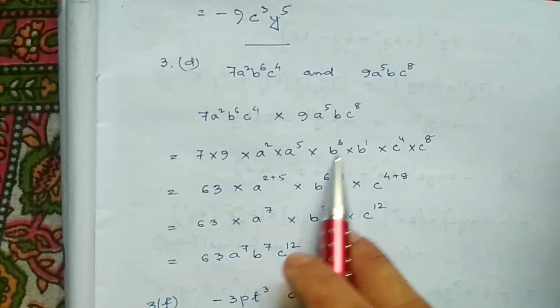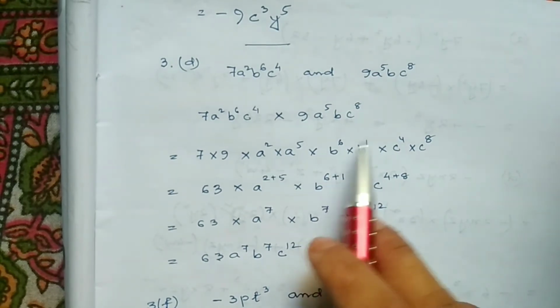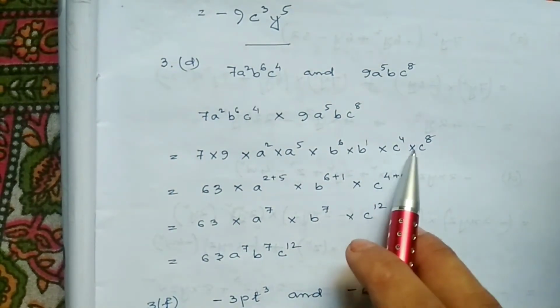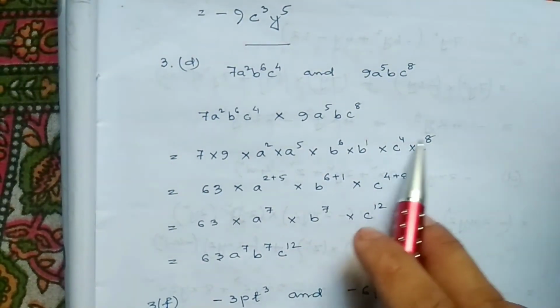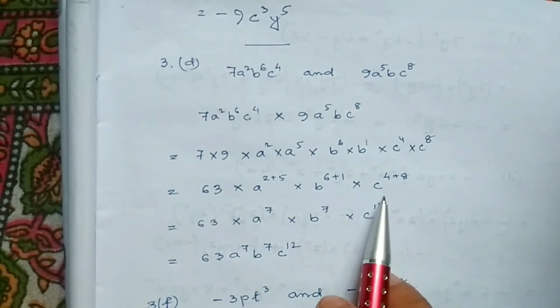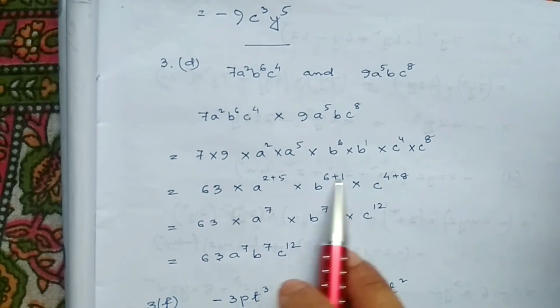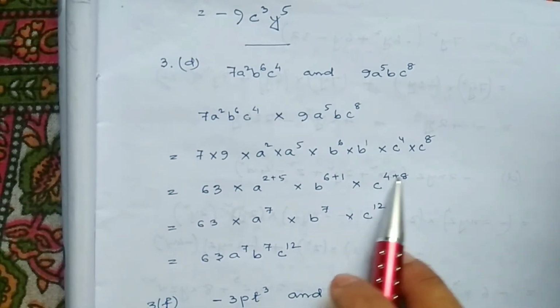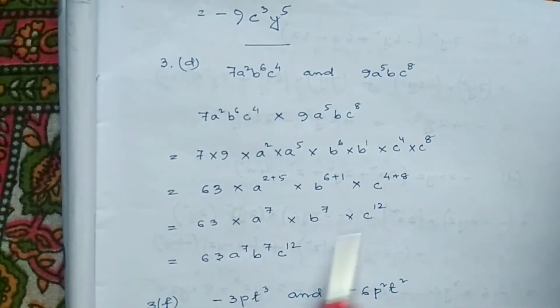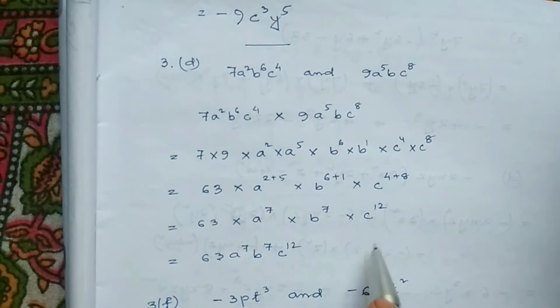Here bases are same, powers you have to add, b 6 plus 1. And here bases are same, powers you have to add, 4 plus 8, that is 12. Now 63, a to the power 7, b to the power 7, c to the power 8 plus 4, 12. So this is your answer. The product is 63, a to the power 7, b to the power 7, c to the power 12.